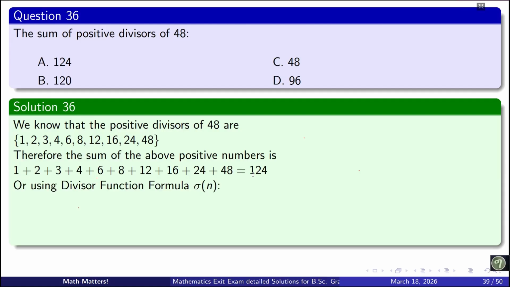Or using the divisor function formula, sigma of n, the prime factorization of 48 is 2 to the power of 4 times 3.